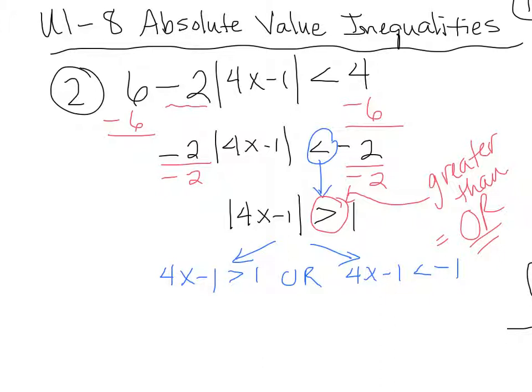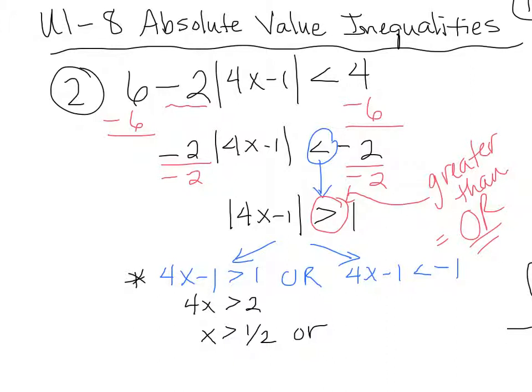And now I solve. I'm going to start on the left here. I'm going to add 1 to both sides, and I get 4x is greater than 2. I'm going to divide by 4, and 2/4 is also equal to 1/2, so x is greater than 1/2, or, and then I solve the other side.